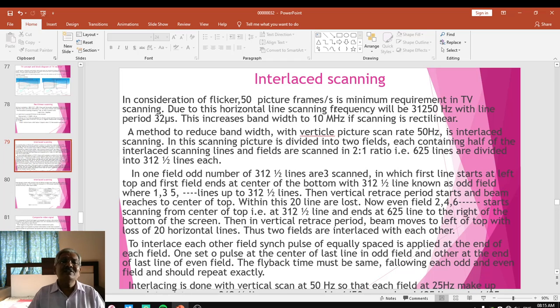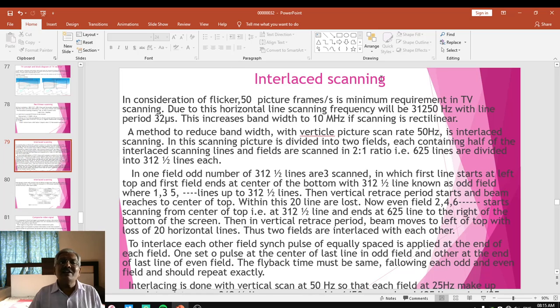This reduces the line period to half of what actually exists, that is 32 microseconds. All these aspects increase the bandwidth from 5 megahertz to 10 megahertz. So all these aspects are avoided by keeping the same rate.